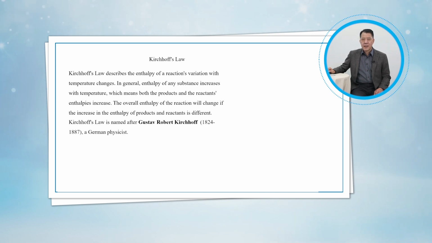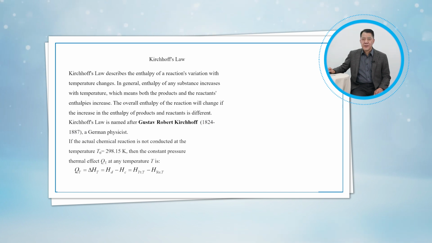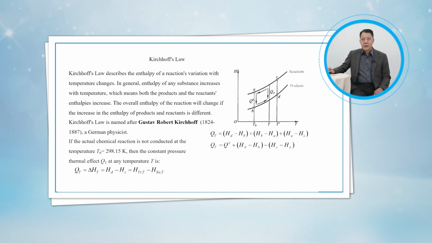Kirchhoff's law is named after Gustav Robert Kirchhoff, a German physicist. If the actual chemical reaction is not conducted at the reference temperature, but instead at any temperature T, the constant pressure thermal effect Qt is, as shown in the figure.